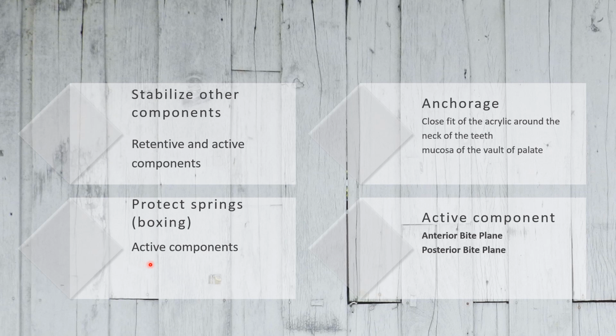The base plate also provides anchorage for the appliance, which prevents unwanted tooth movement by close fitting of the acrylic base plate around the neck of the teeth, and provides anchorage for the movement of the teeth by adaptation to the mucosa of the vault of the palate.